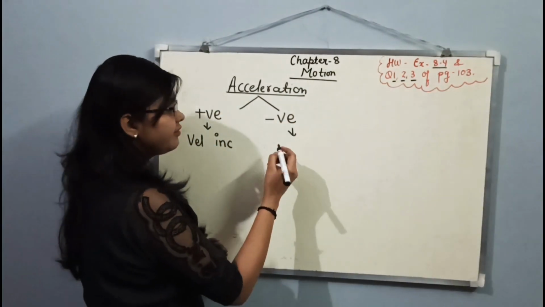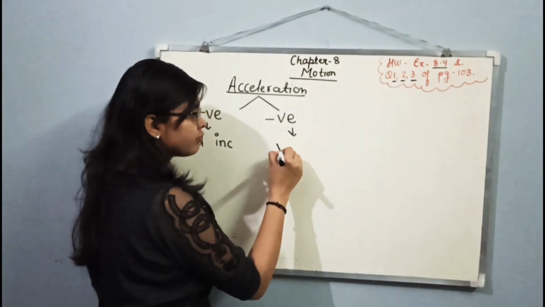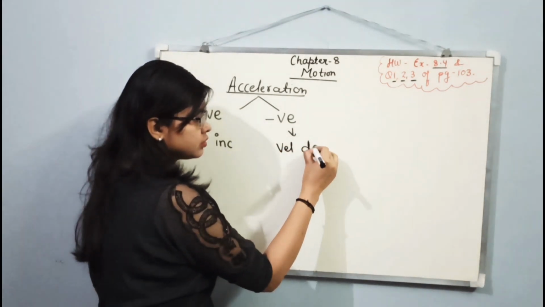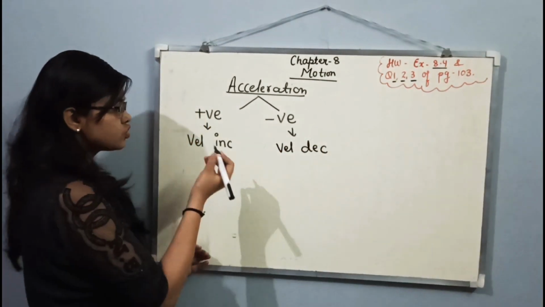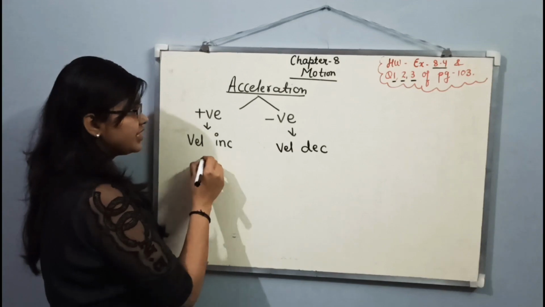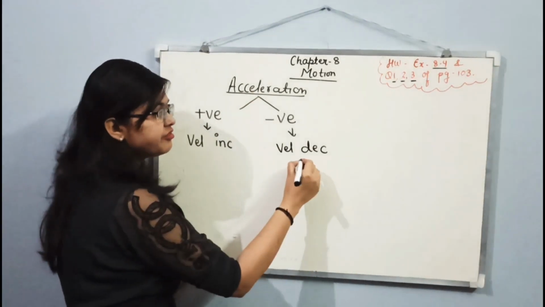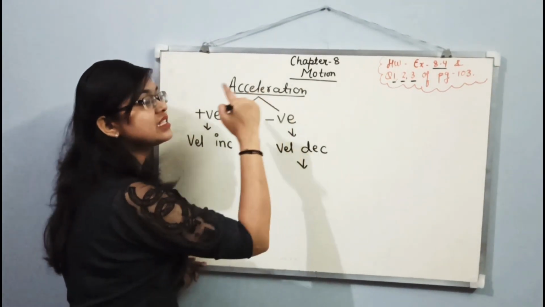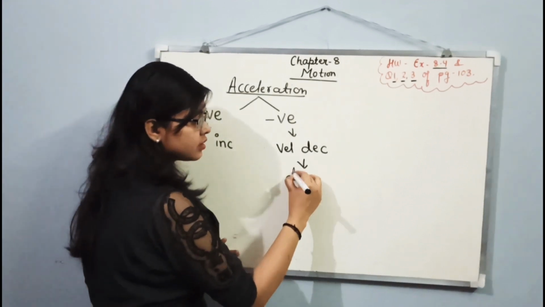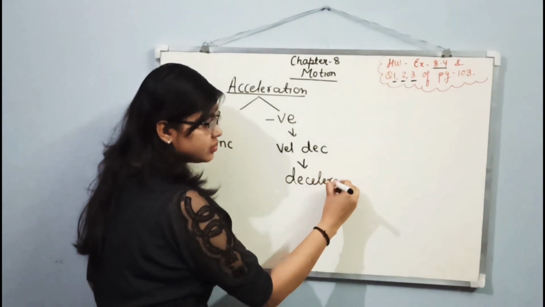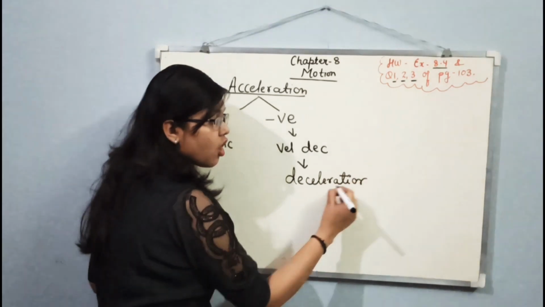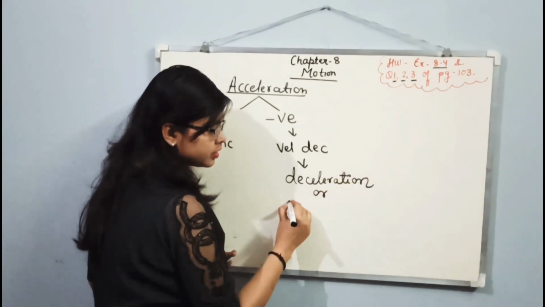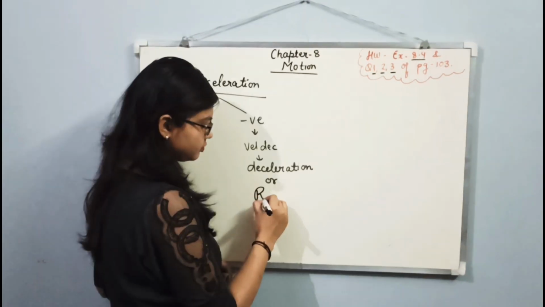So negative acceleration means velocity decreases. So positive acceleration is simply known as acceleration, whereas negative acceleration is also known as deceleration, or you can use the word retardation.